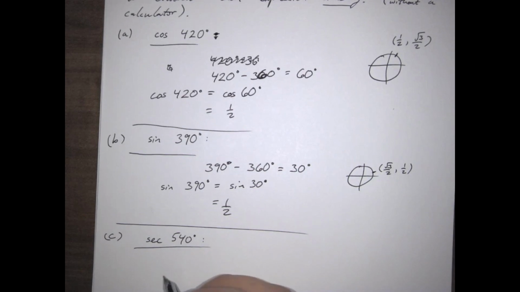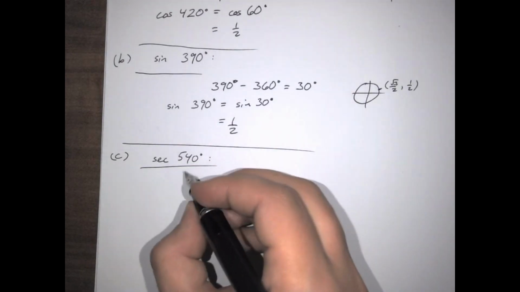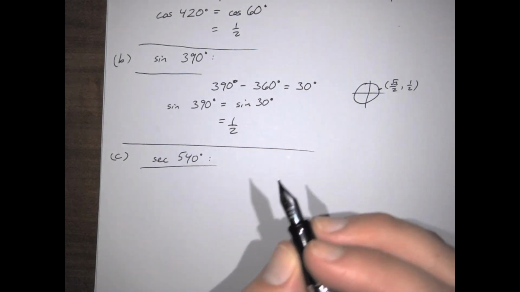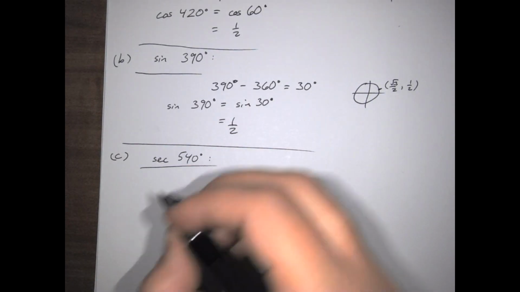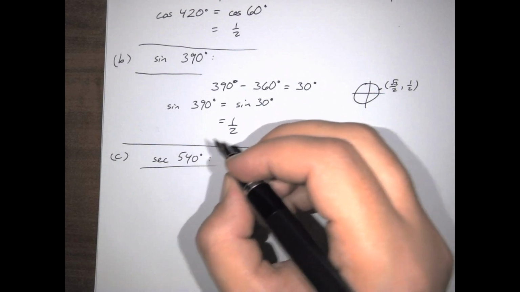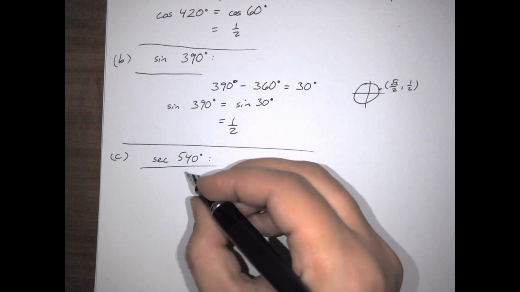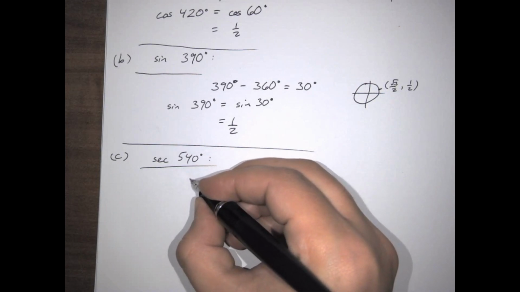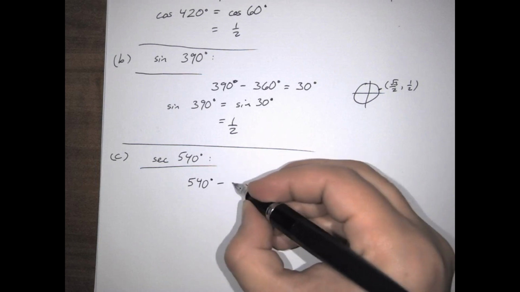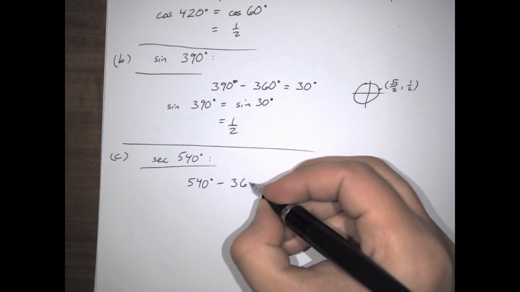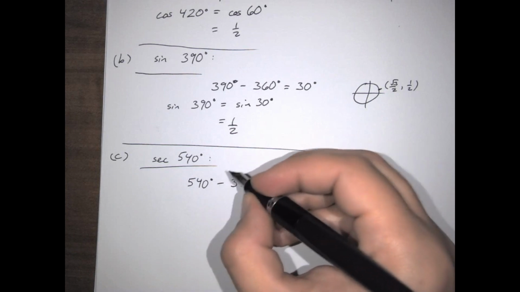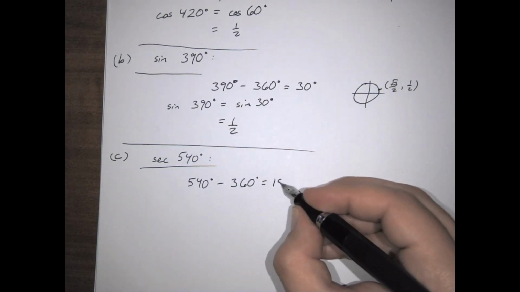Again, just add or subtract 360 until we end up back in more familiar territory. If this were tangent or cotangent, we would be adding or subtracting 180 until we ended up where we wanted to be. But what's 540 minus 360? If we subtract those, it's 180.